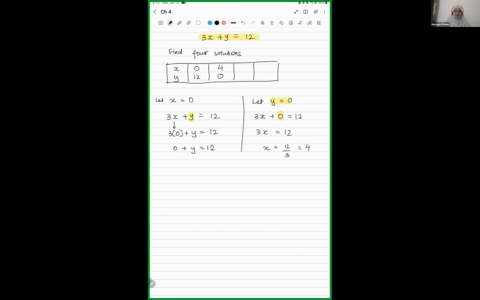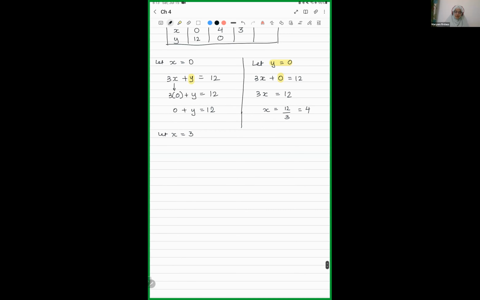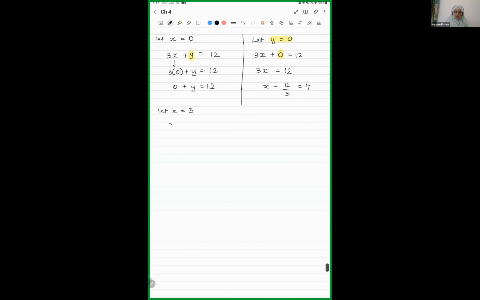Okay. Now, Abdul Rahman was talking about x as 3. You want to put x as 3. So let's put x as 3. Let x equals 3. Then what happens? 3x plus y equals 12. You're putting x as 3.